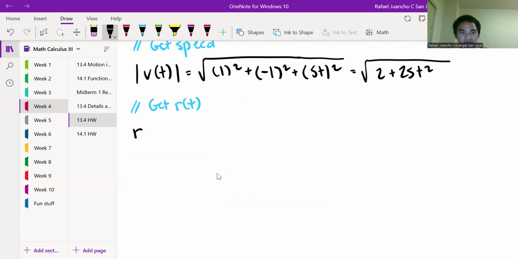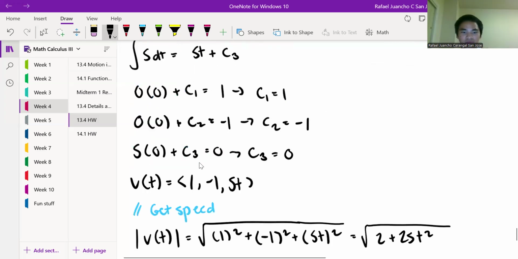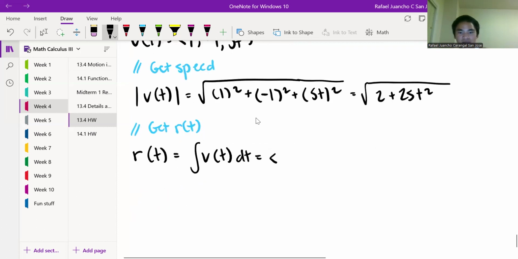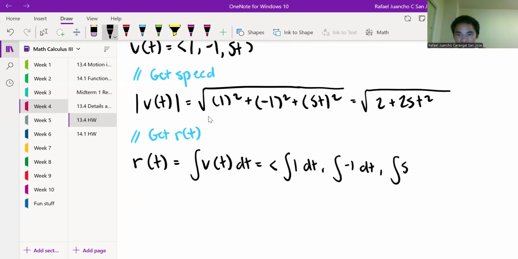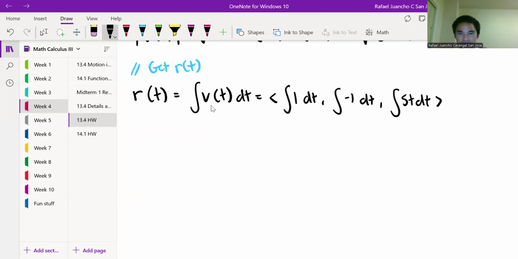Okay, now let's quickly solve for it. So my r of t, again I go through the same process. I integrate my velocity vector. So what were the components? Okay, I integrate 1, I integrate -1, I integrate 5t. Integrating these is actually super easy. I don't want to be too cocky, I'll still do it one by one.